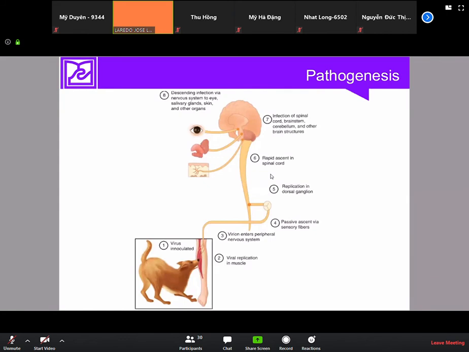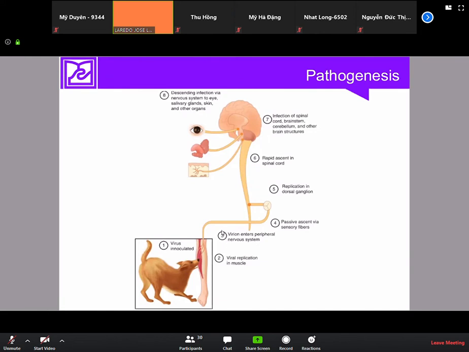First step, bites you. Exposure. This is the first step, okay? So the virus is inoculated onto the skin. The virus infects the muscle cells, and the virus replicates in the muscle cells in the beginning. So viral replication in the muscles.